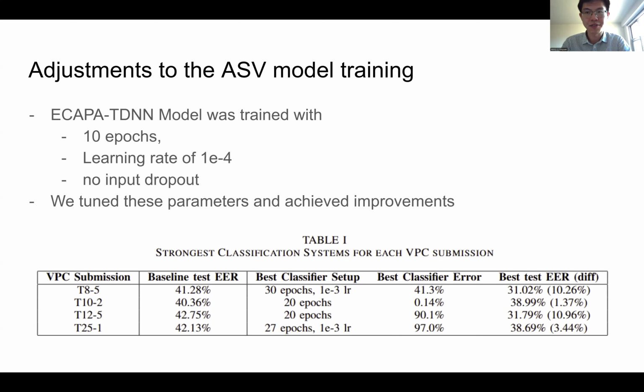And therefore, we increased both of these parameters, and we were able to get significant gains when either or both of these parameters were increased. We also experimented with adding input dropout with the hypothesis that doing so would improve the model generalizability of the ASV systems. Unfortunately, we were not able to find any performance benefits from using input dropout.